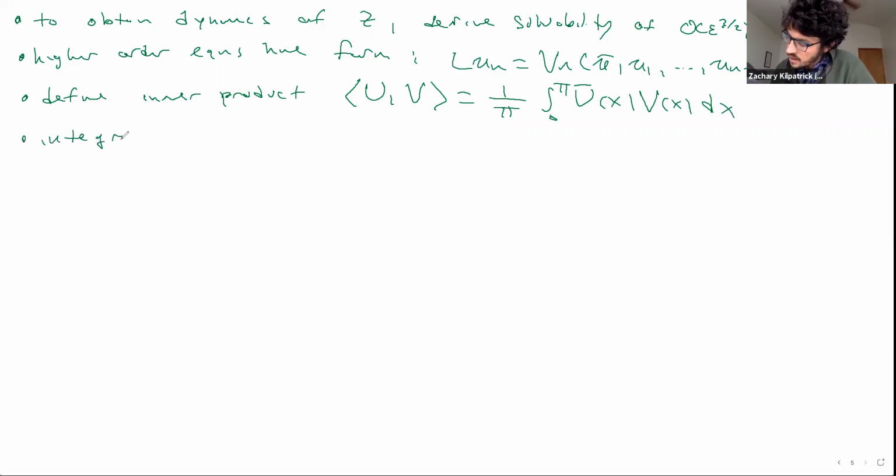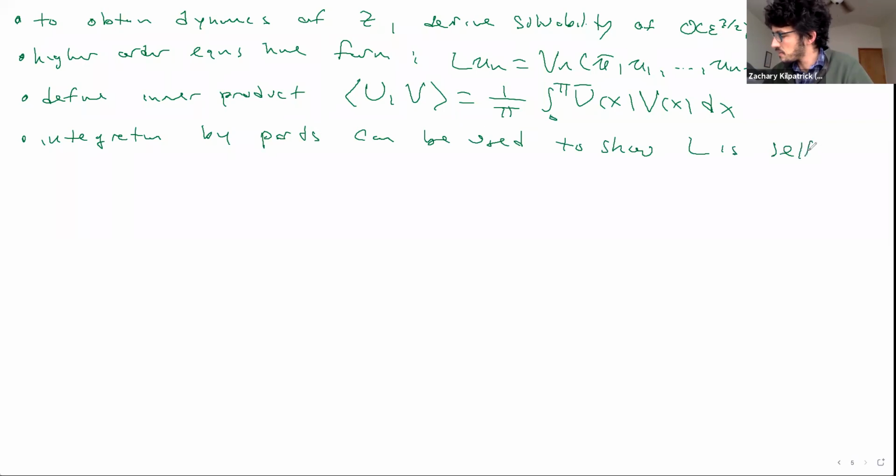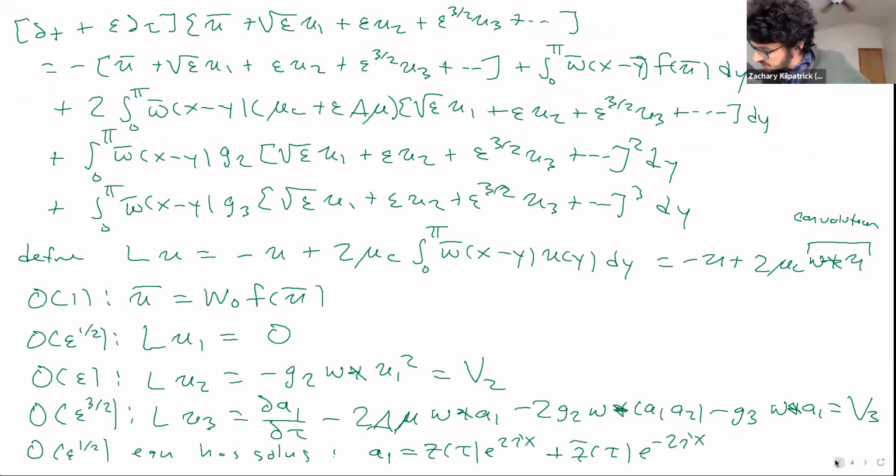Now, integration by parts can be used to show that L is self-adjoint, right? And if we look at L, where's L here, we just have a minus U, and then we have this integral term, okay? And due to the symmetry of this kernel here, it's not too much work to show that you have a self-adjoint operator here.